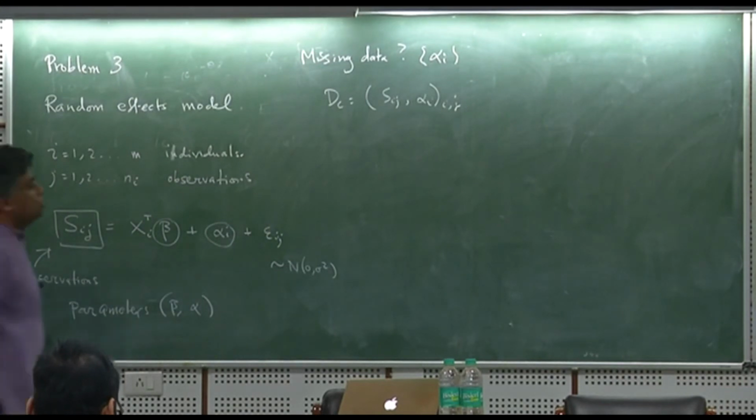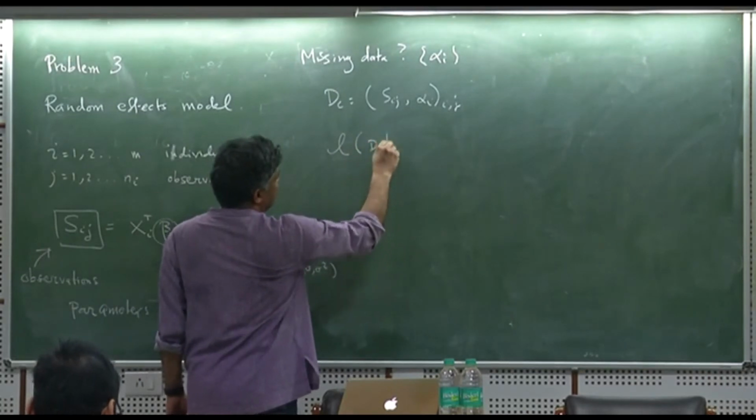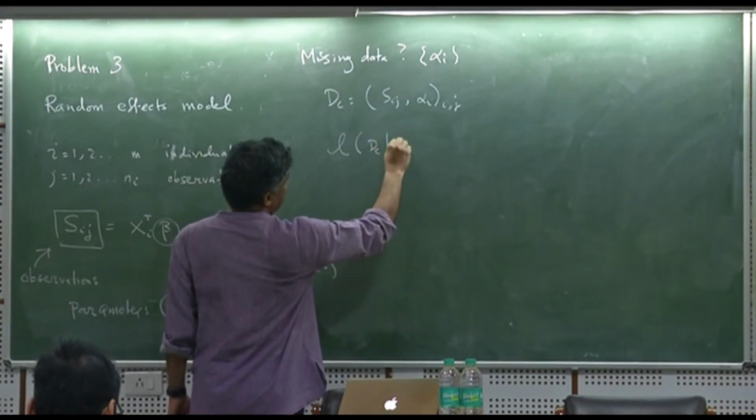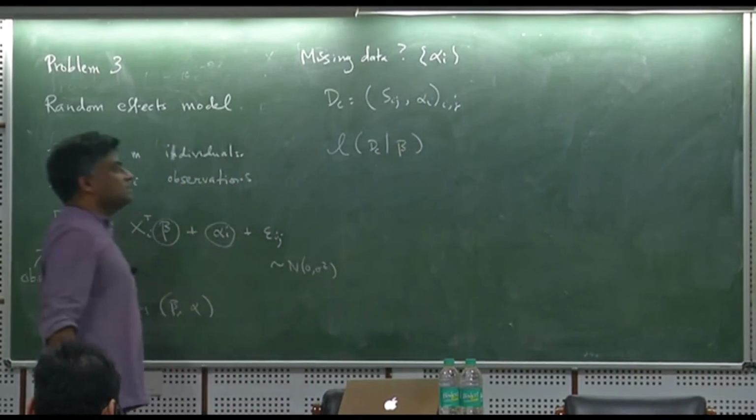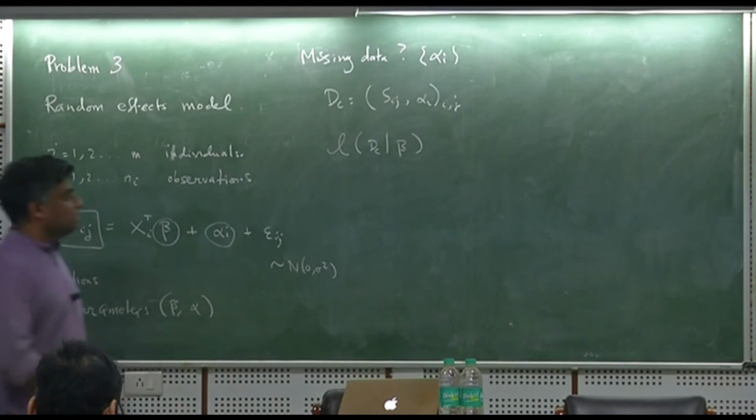Okay. So let's write the log likelihood, and this one is going to be a little bit complicated, of the complete data given the parameter beta. That's the only thing that I'm trying to estimate now because alphas are known. Okay. So what is this log likelihood?